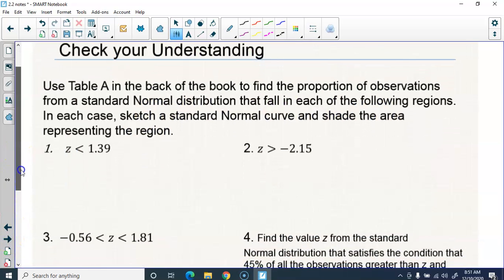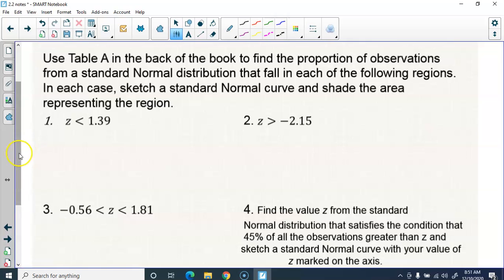So let's do some of these questions. Use Table A in the back of the book to find the proportions of observations from a standard normal distribution that fall in each of the following regions, and sketch. So let's do a cute little sketch, it doesn't have to be huge. And here, z less than 1.39, so that's maybe here. And less than, so that's going to be all of this here. You might want to shade a little more thoroughly.